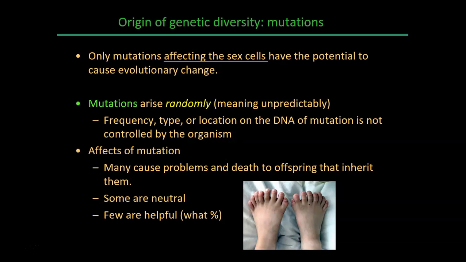Now, another point to make here is that mutations arise randomly. That means that they arise unpredictably, and whether they're good, bad, or what have you, the organism has no choice in that. There's no way you control what radiation strikes your DNA and where it strikes your DNA and what changes it causes. We do not have the capacity just in and of ourselves to control that.